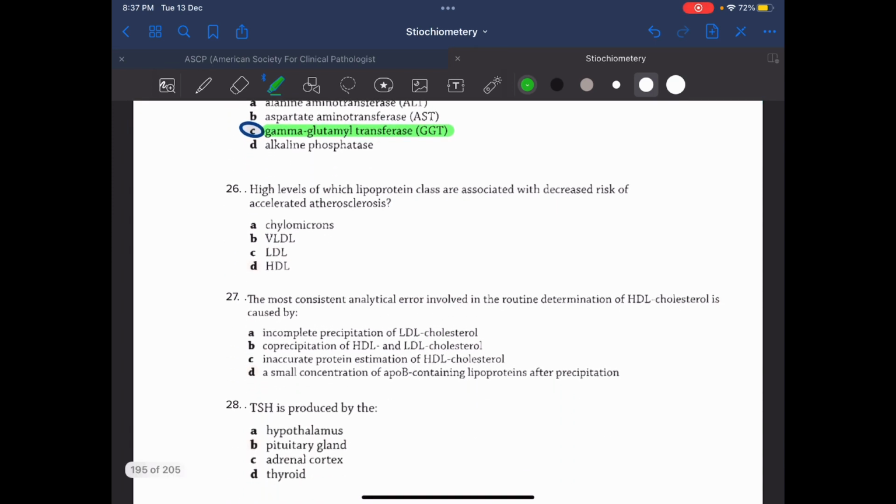Question 26. High levels of which lipoprotein class are associated with decreased risk of accelerated atherosclerosis? The correct answer is HDL, which is called good cholesterol.